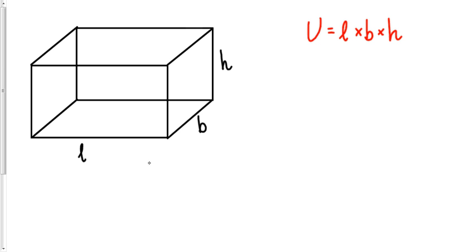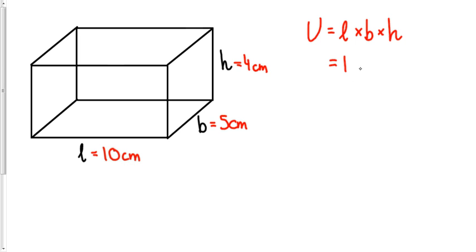Let's just put in some dimensions to give us an idea of that. So let's say my length equals 10 centimeters, my breadth equals 5 centimeters, and my height is equal to 4 centimeters. I can now, rather than counting 1, 2, 3, 4, 5 up to 10, and then 10, 20, 30, 40, 50 going backwards, and then another 3 layers, I'm just going to use my multiplication.